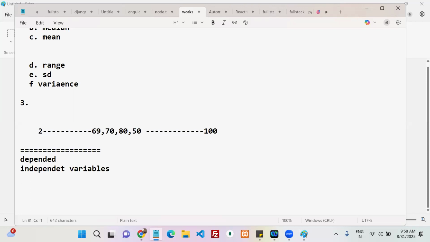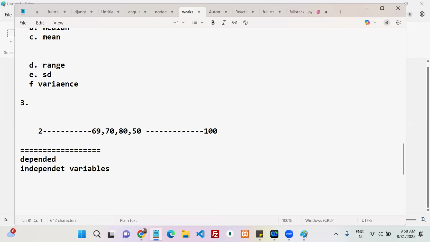I think it is from the regression concept, like linear regression.